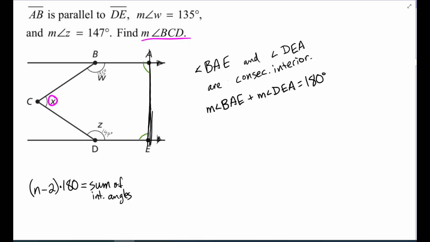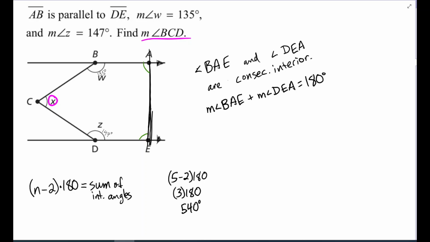A triangle has 3 sides. So 3 minus 2 is 1 times 180 is 180. What shape do we have here? We got 5 sides. Pentagon. We have 5 minus 2 times 180, or 3 times 180, which is 540 degrees.